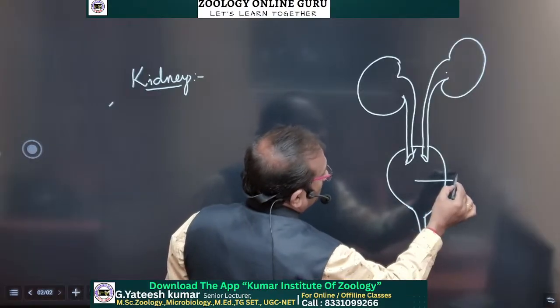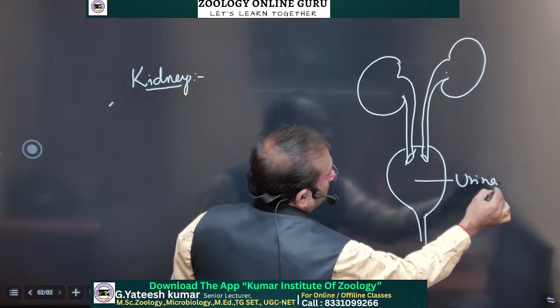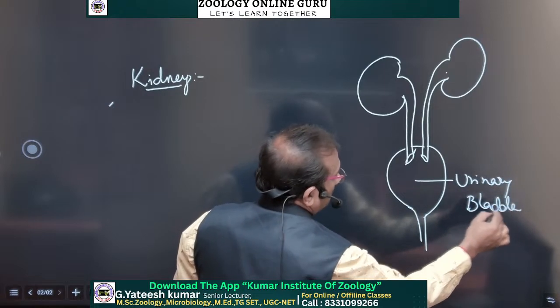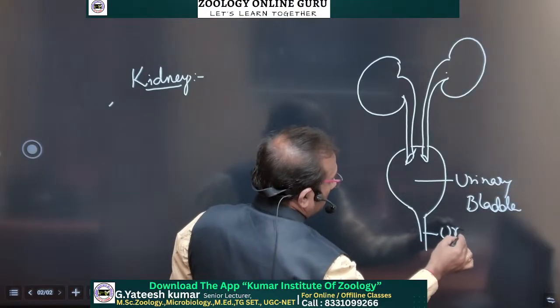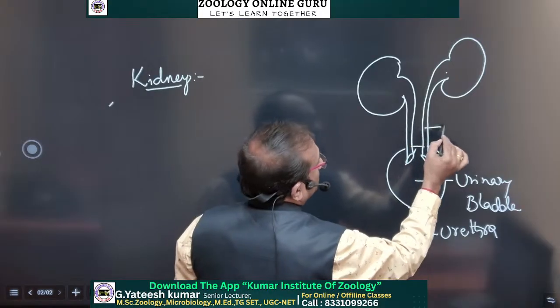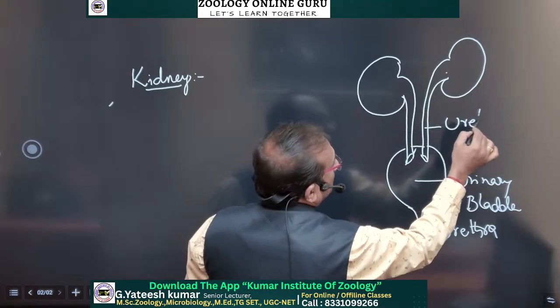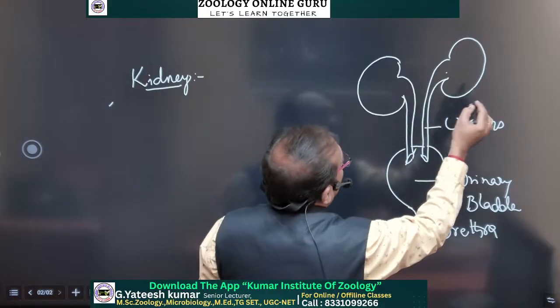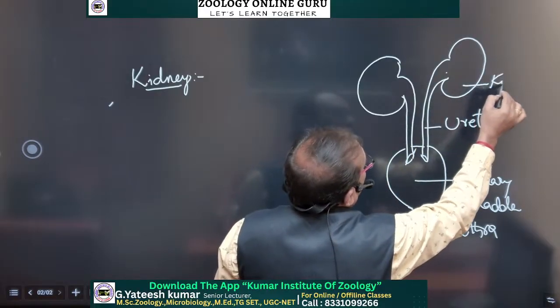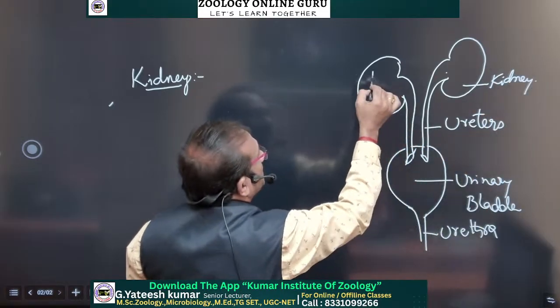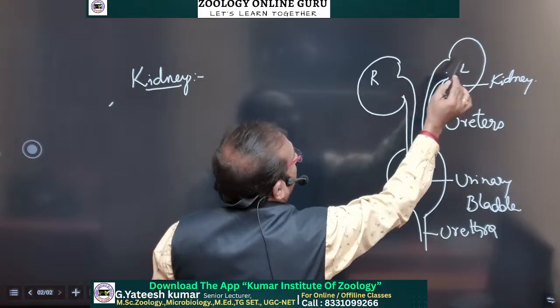This is the urinary bladder, and this is the urethra. These two are ureters. This is the right kidney, and this is the left kidney.